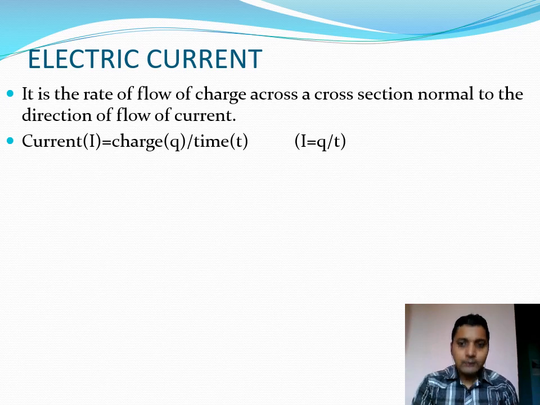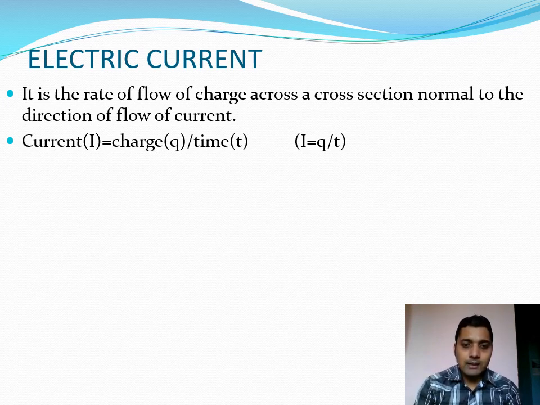So conventionally we take the direction of flow of current as the direction of flow of positive charge, or simply we can say the opposite direction of flow of electron is the direction of the electric current. Conventionally, current direction is from the positive side to the negative side, and current is the rate of flow of charge.